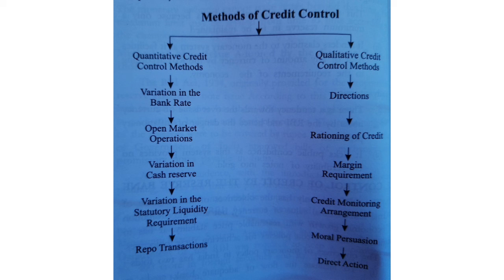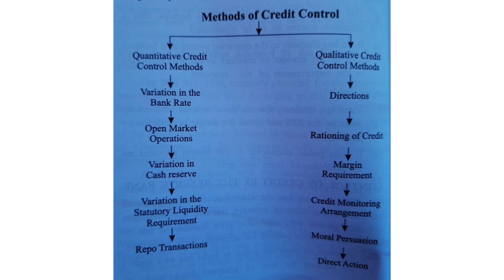And the last one, direct action. Direct action helps the RBI when all the other methods prove to be ineffective. Under the direct action method, the RBI has been granted statutory power by the RBI Act and the Banking Regulation Act to take certain direct actions when certain banks do not follow a certain set of protocols.